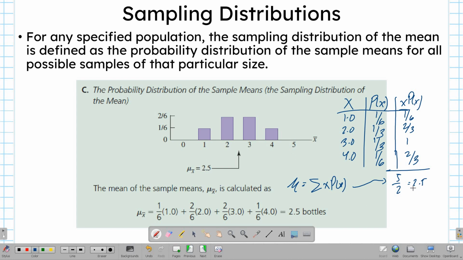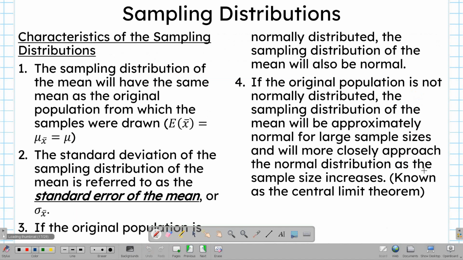You can see that the expected value, or the mean, of the probability distribution of the sample means is the same as the actual population mean. That's one concept that connects the sample to the population: the expected value of the sampling distribution is the population mean itself.